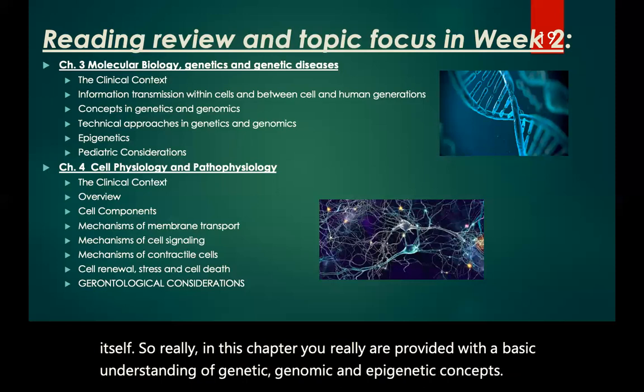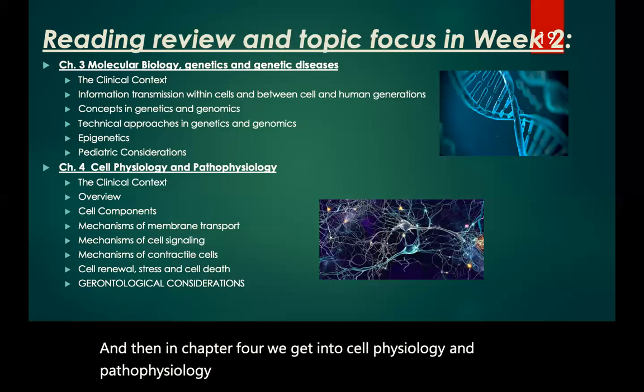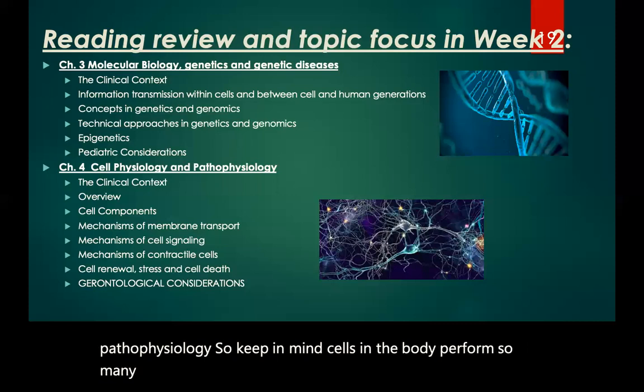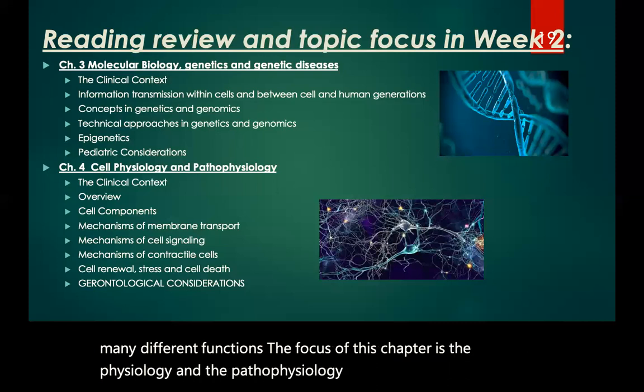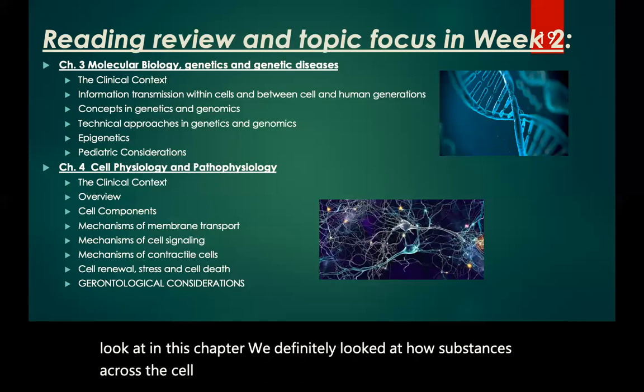And then in chapter 4, we get into cell physiology and pathophysiology. Keep in mind, cells in the body perform so many different functions. The focus of this chapter is the physiology and the pathophysiology of cell functioning. We looked at how substances cross the cell membrane, along with how these substances affect the cell.